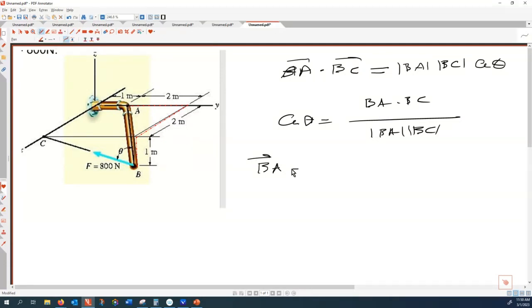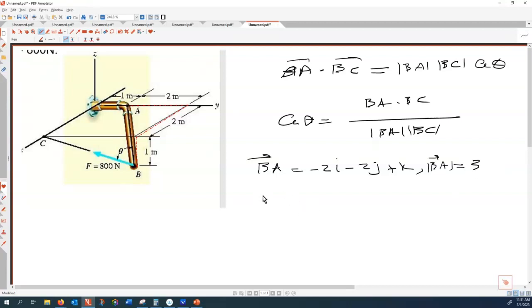So in terms of I, that is minus 2I. In terms of J, that is minus 2J. And in terms of K, that is plus K. Okay. And what is its magnitude? That is root 9, which is 3, right?